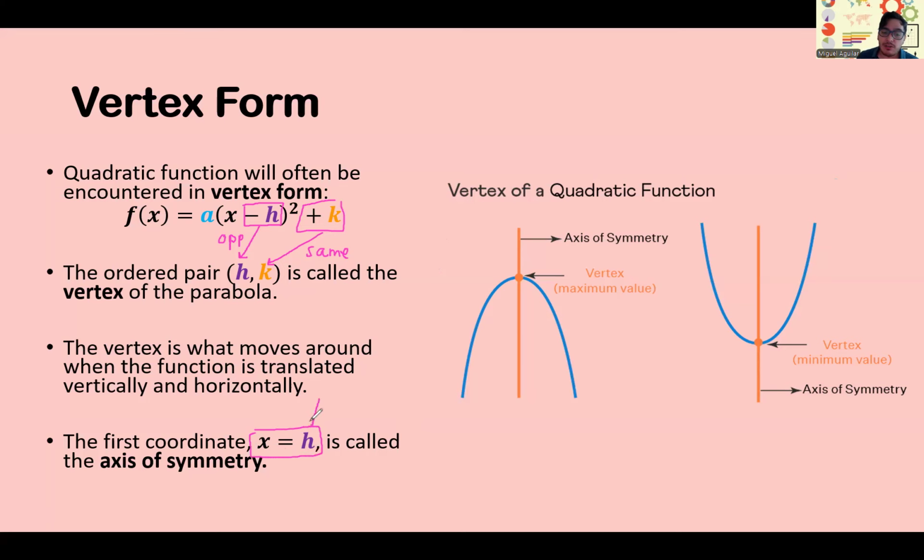So whatever the value of h that we put for the vertex, x equals that number will be the axis of symmetry. Okay. So there's some vocabulary and some ideas here that maybe are a little bit cloudy, but these next couple of practice problems I'm going to give you should hopefully clarify that, okay?